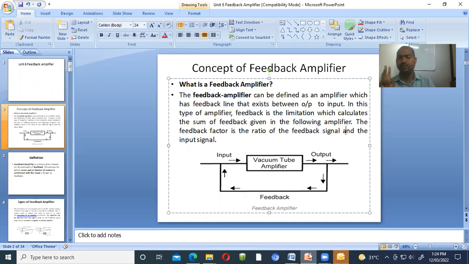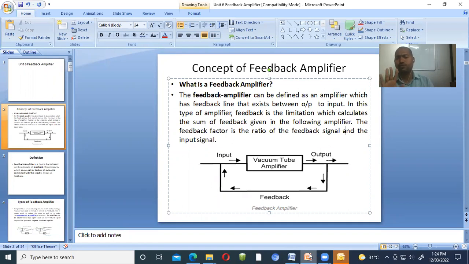In one or two sentences, I'll repeat the same thing again. Feedback indicates that some part of the output is again applied to the input. This is nothing but feedback. Positive feedback indicates that some part of the output is again applied to the input, with the phase shift between input and output equal to 0.